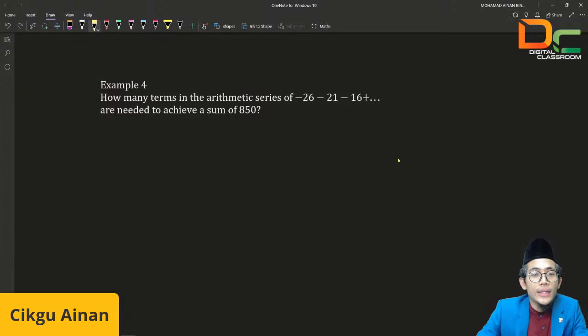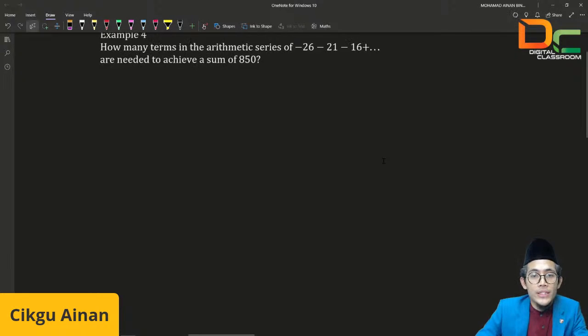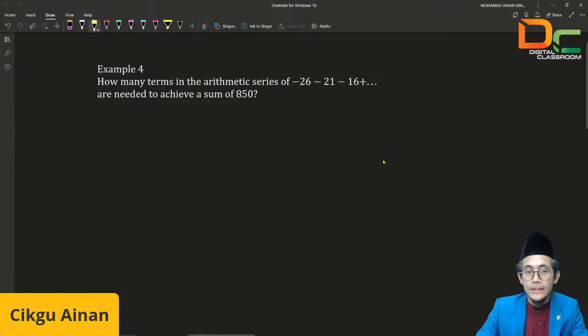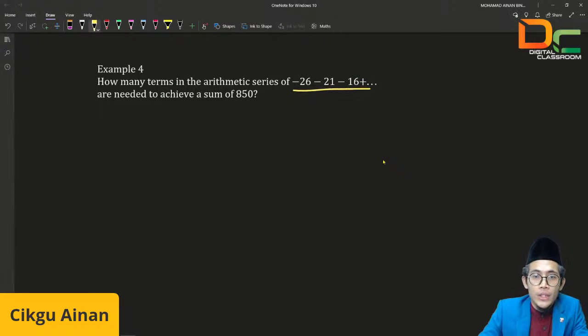Now, how many terms in the arithmetic series of minus 26, minus 21, minus 16 plus ... are needed to achieve a sum of 850? For this one, maybe we can rewrite, because you learned before that a series is a sum of a sequence.